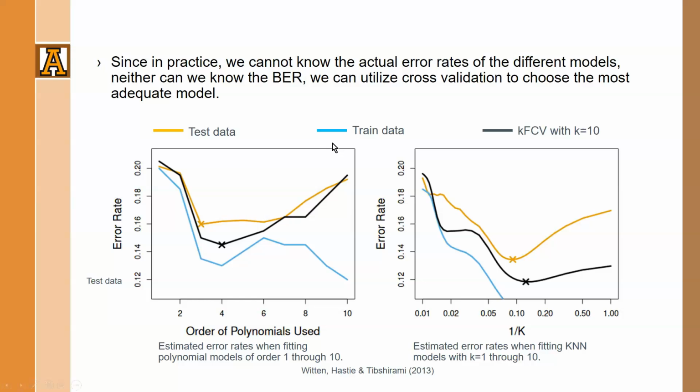The blue line represents the error rate using the training data to evaluate the model. And the CV with K equal to 10 represents the tenfold cross-validation estimation of the error rate.